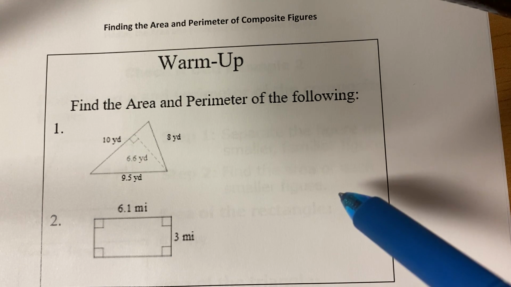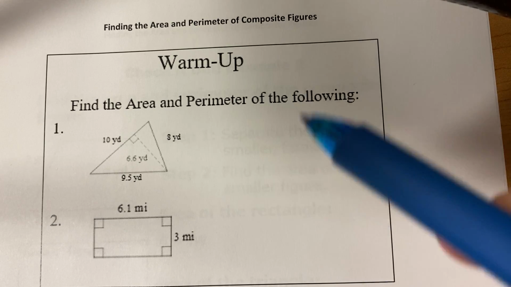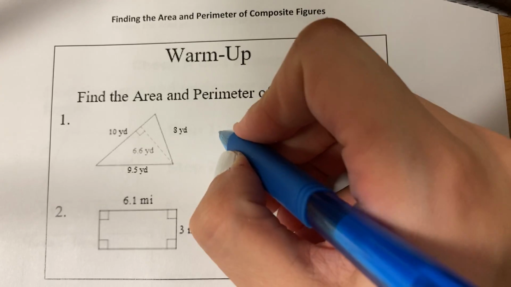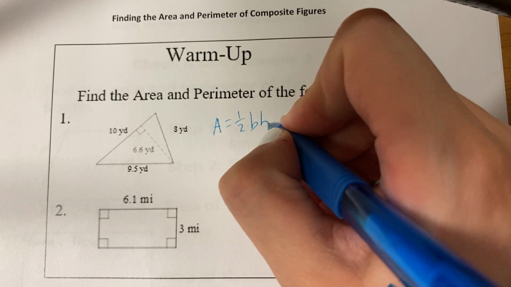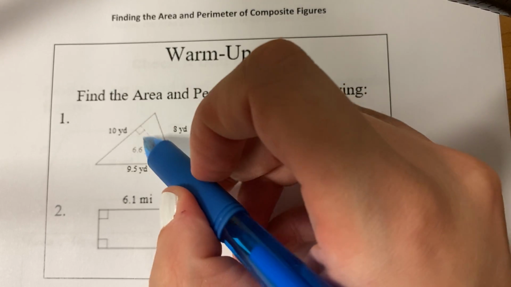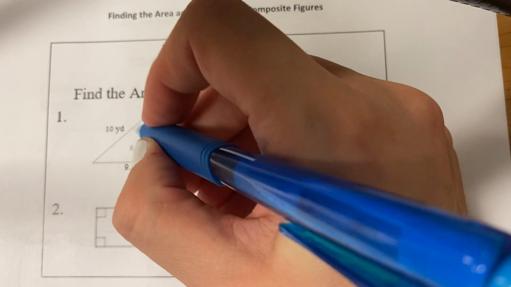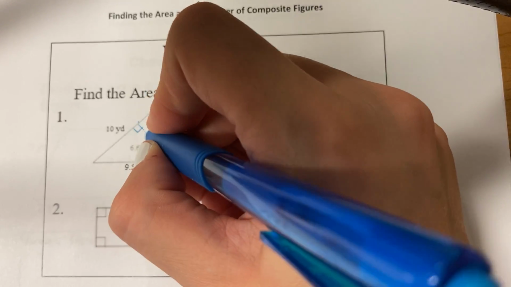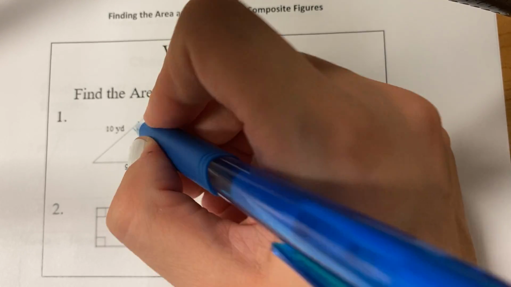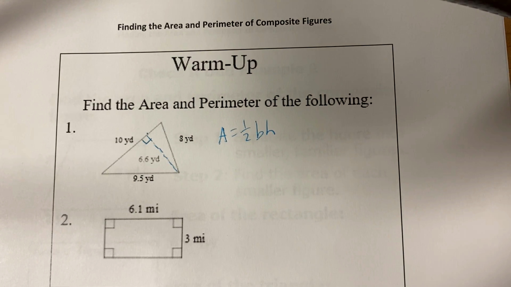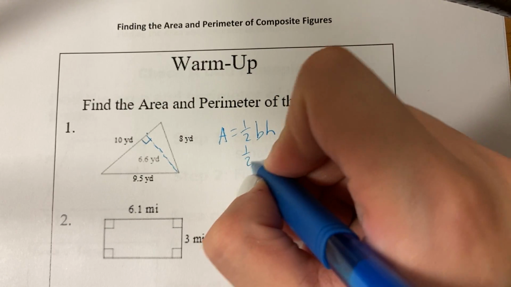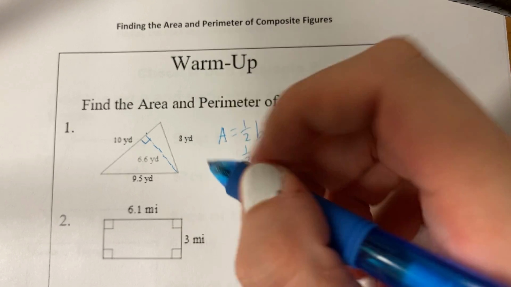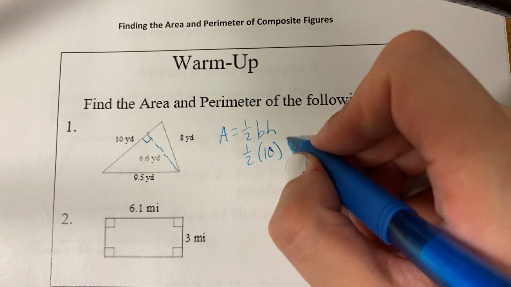All right, so you should be checking your work right now. The area of a triangle is 1/2 my base times my height. My base is wherever the right angle is located. So we'll do 1/2 times 10 times my height, which is 6.6.